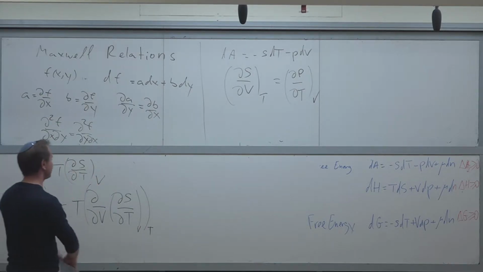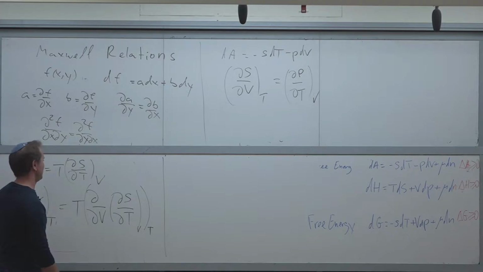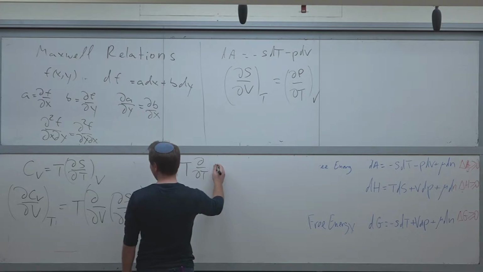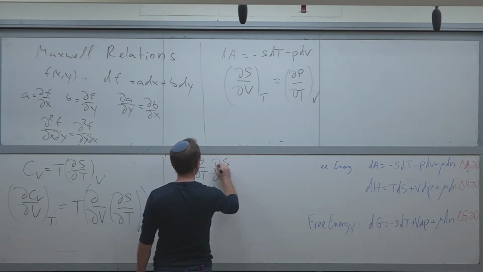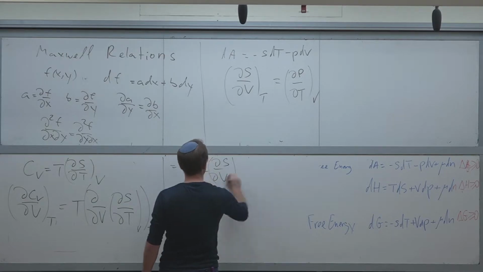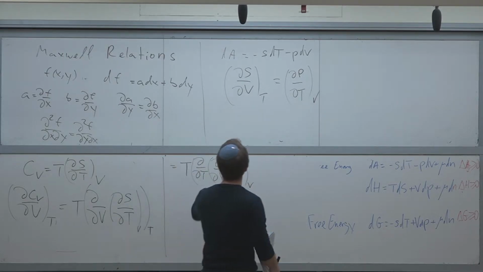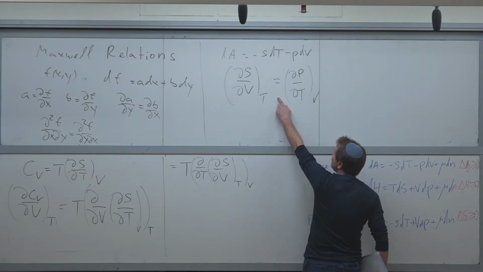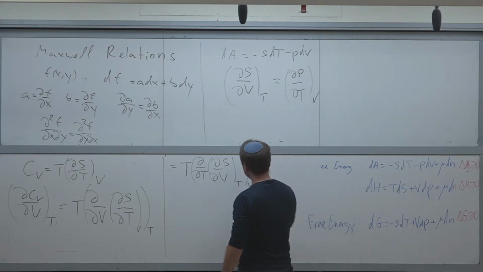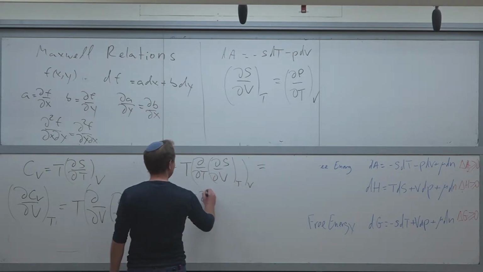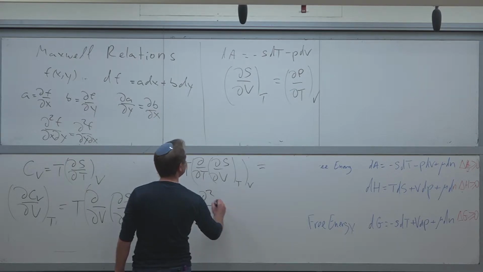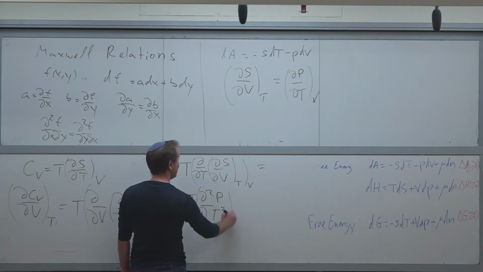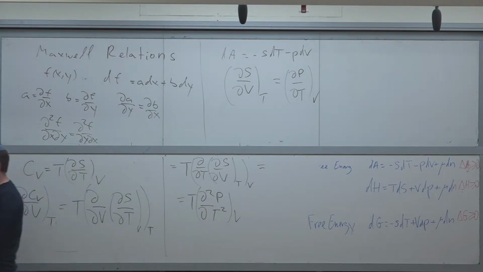We can change the order of the differentiation over here, basically saying it equals T d/dT of dS/dV, at constant T and V. But now dS/dV, according to what we obtained from the first Maxwell relation, is dP/dT. So it equals T d squared P/dT squared, while keeping the volume constant.